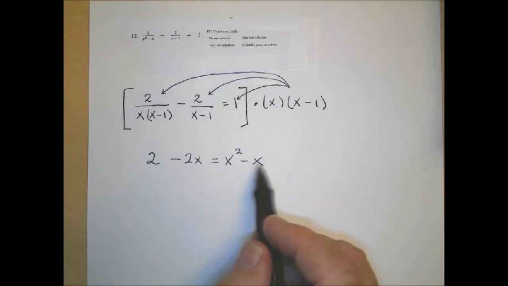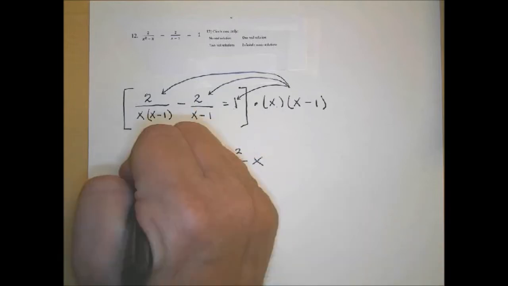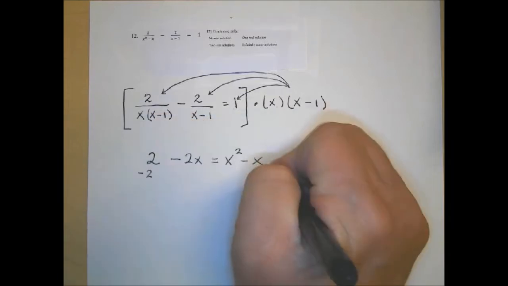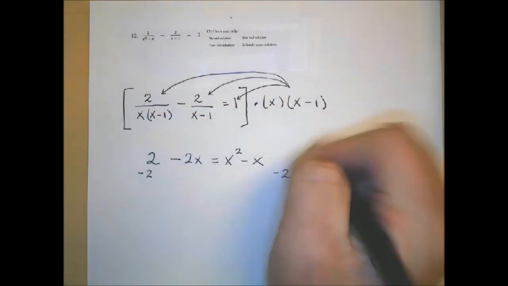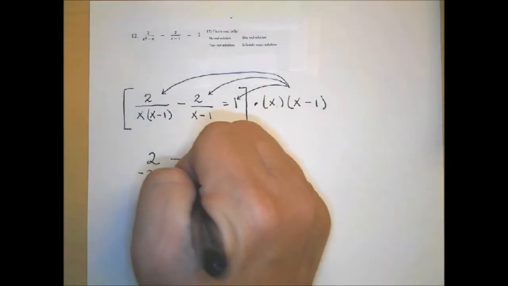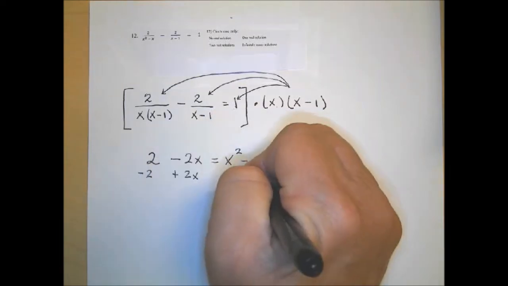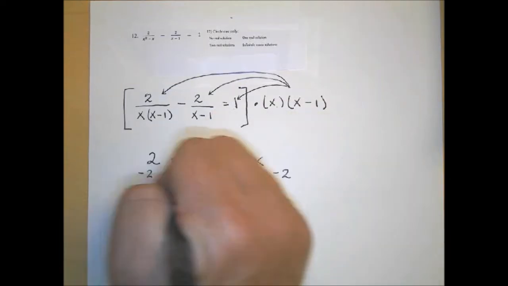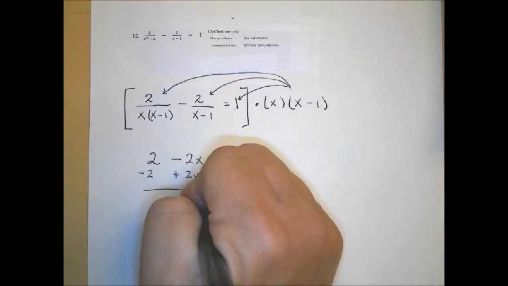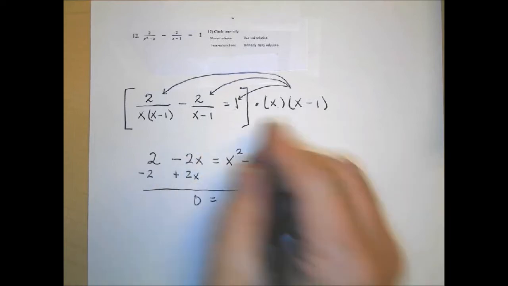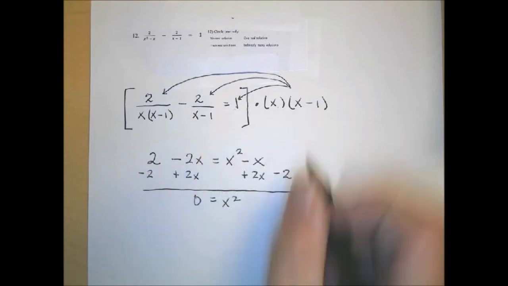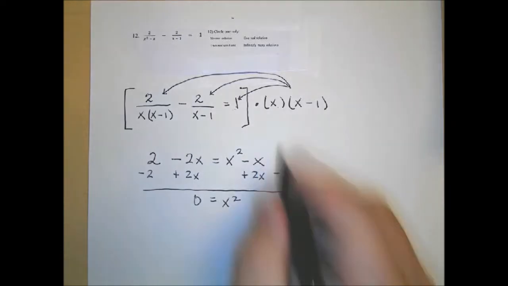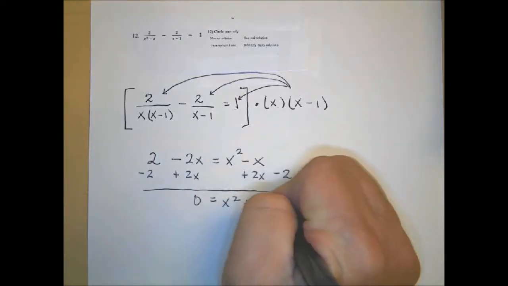So that's where I am now after all the denominators have gone away. I still have a quadratic, so I'm going to move the 2 over there and add the 2x, so I'm going to put the 2x right there. What I'm left with is the trinomial 0 equals x squared plus x minus 2.